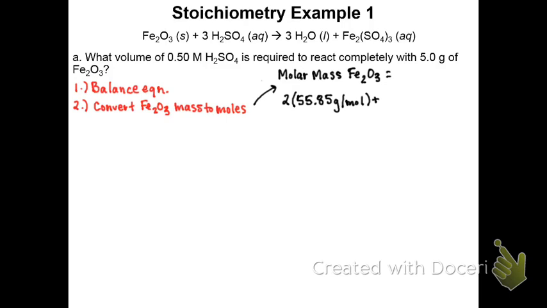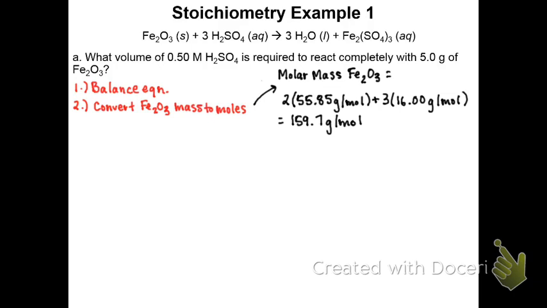And then from the formula, we see that for every 1 formula unit or molecule, we have 3 moles of oxygen. So we'll multiply 3 times the molar mass of oxygen. And that comes out to 159.7 grams per mole.